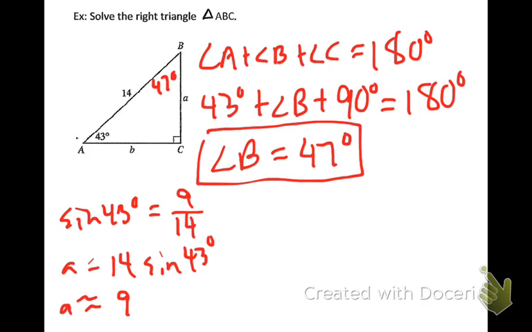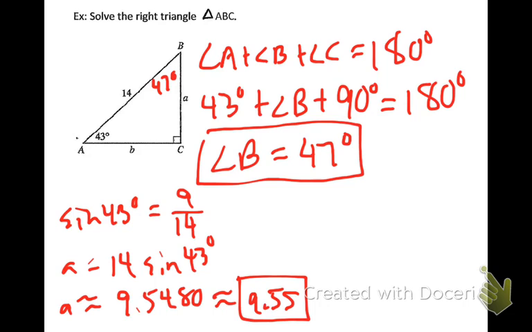Yeah, it'd be 9.5480, and then let's say we're going to round that to the nearest hundredth, so that'd be 9.55. I'll specify the rounding. It doesn't say here, but find your initial number out to the 4 decimal places and then round to whatever it says.